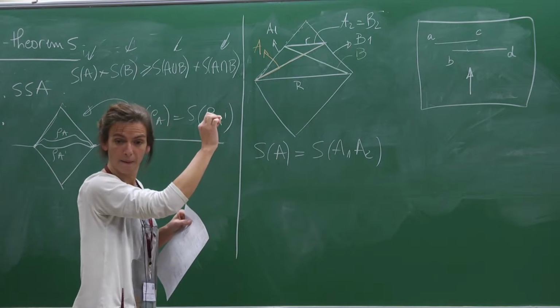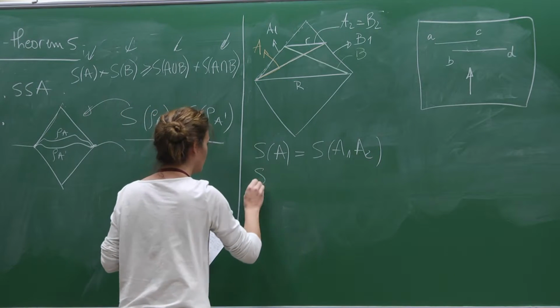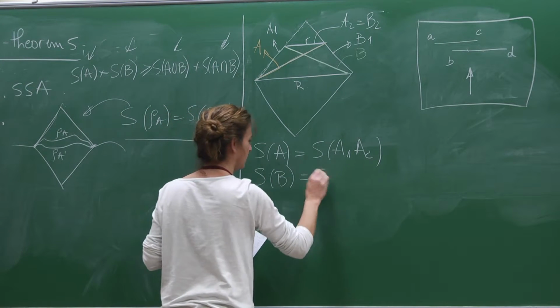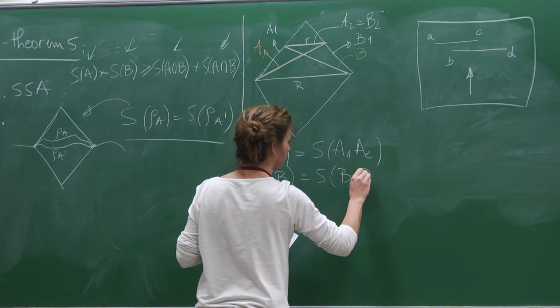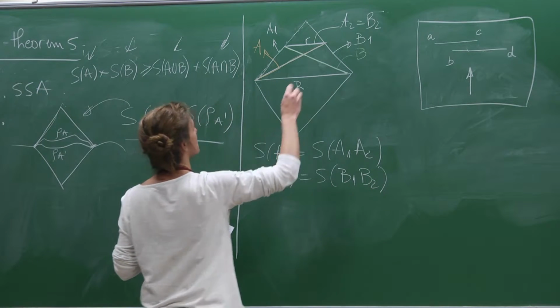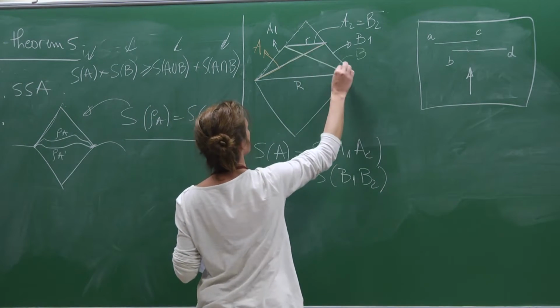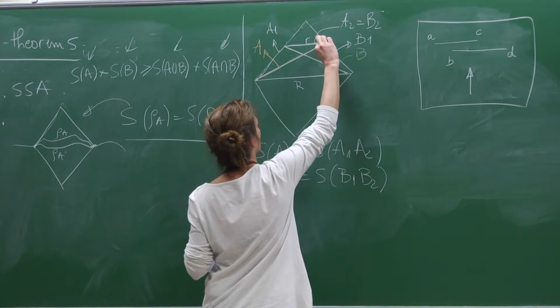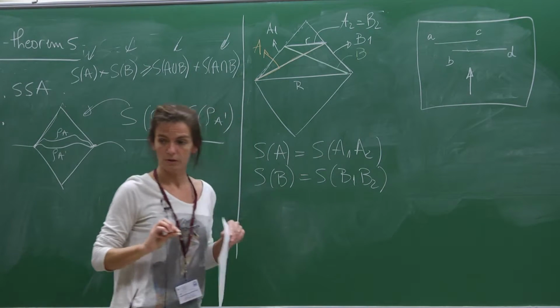Is it clear? And the entropy of B is the same as this union, okay?